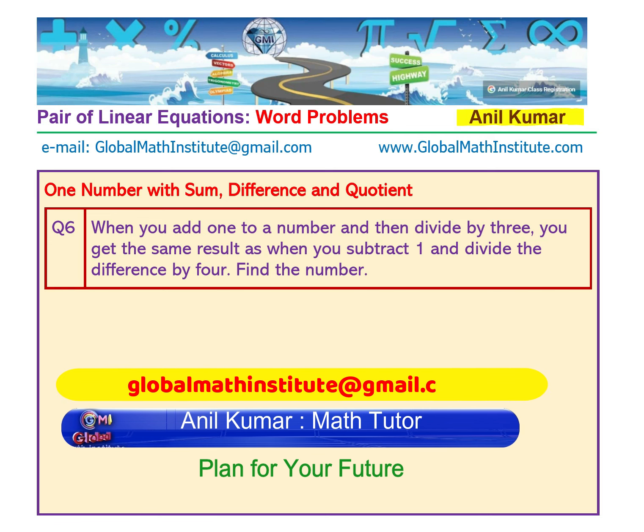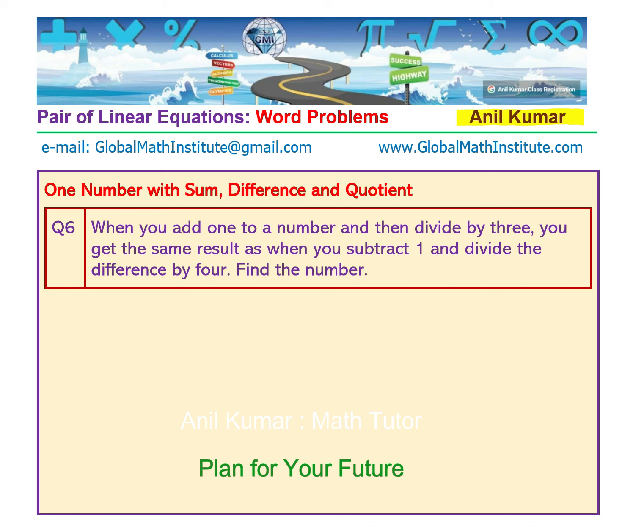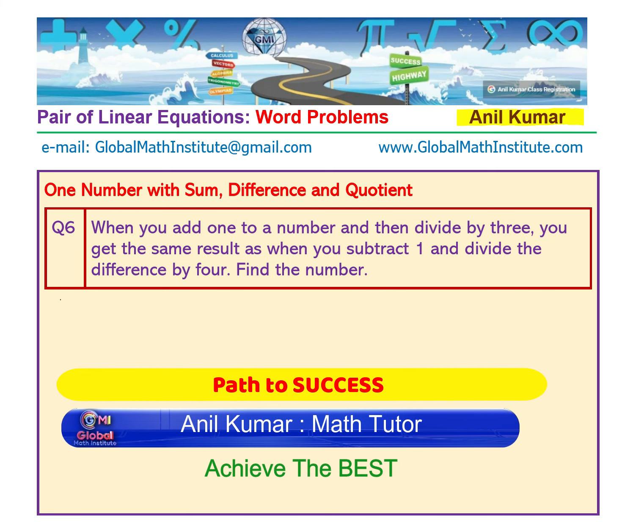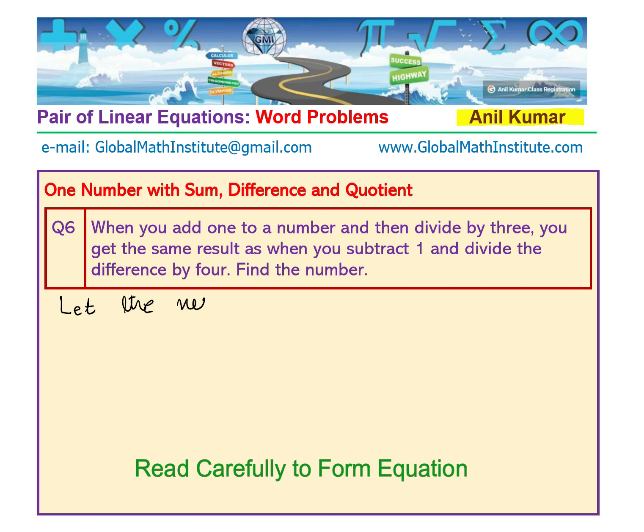Find the number. So there is one number which we need to find. So we can begin by saying let the number be x, right? So the number which we have to find is x for us.